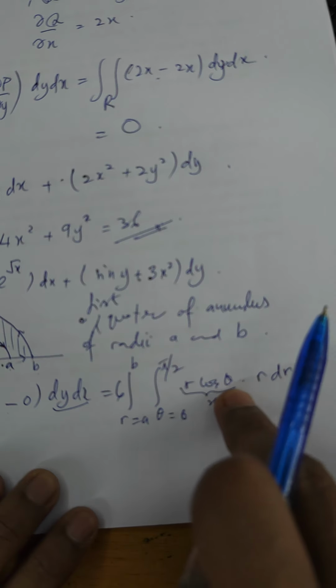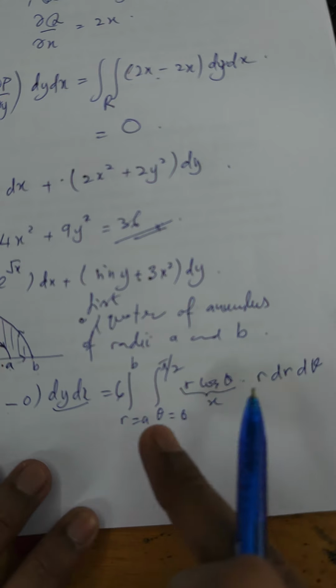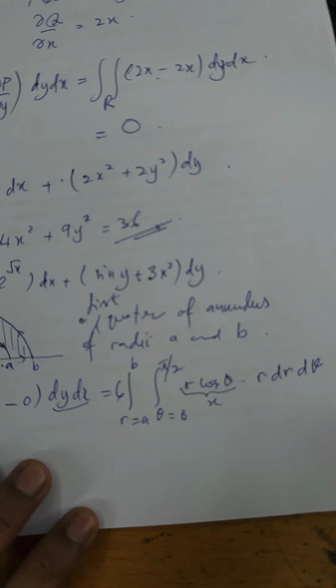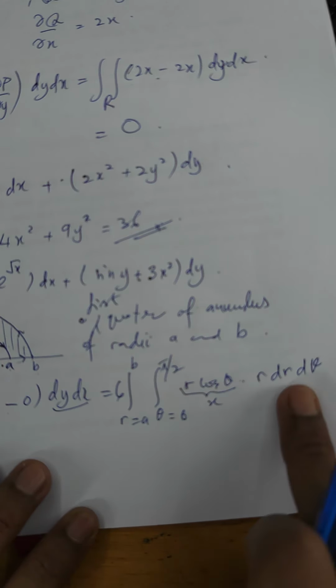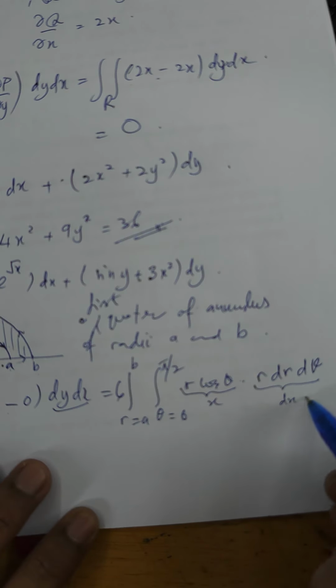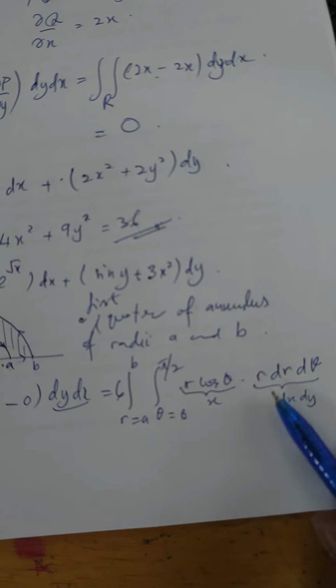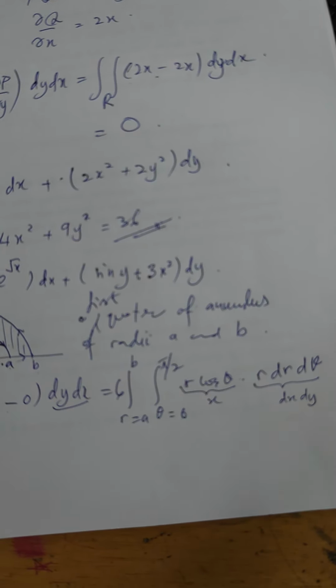Remember that for polar coordinates, we have x equal to r cos theta, y equal to r sin theta, and dx dy equal to r dr d theta, where r is the Jacobian of the transformation.